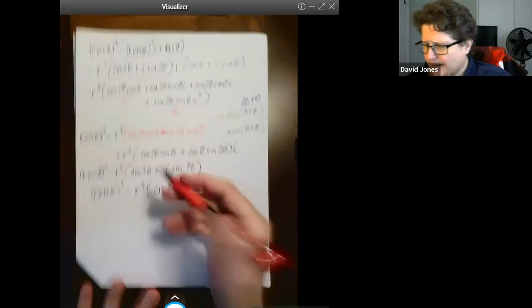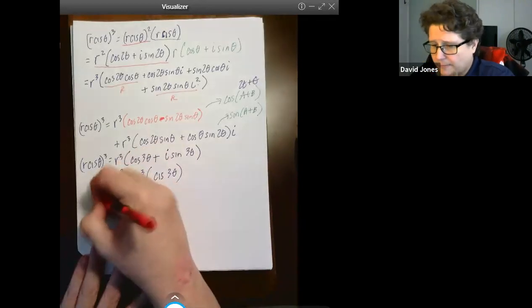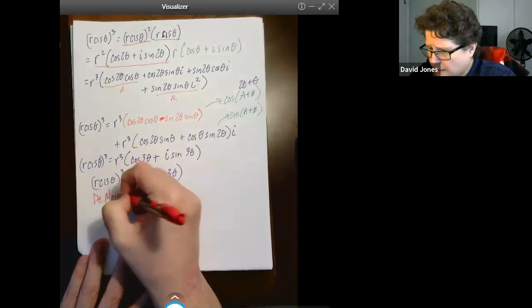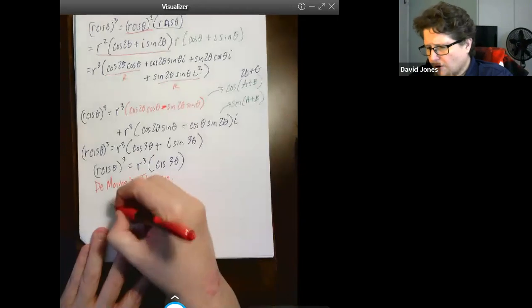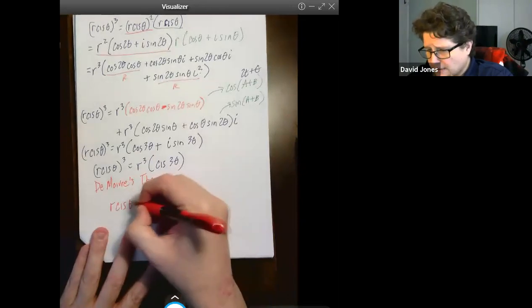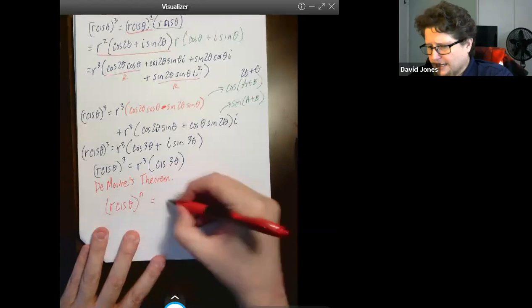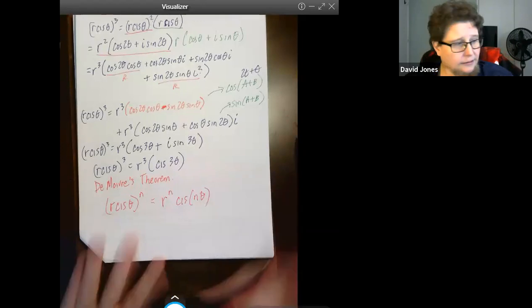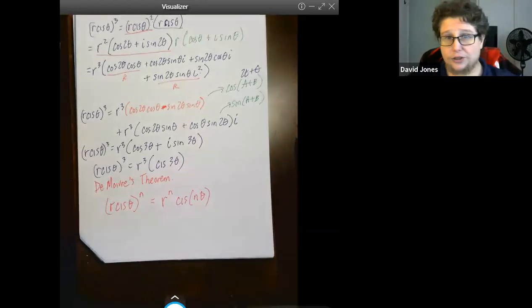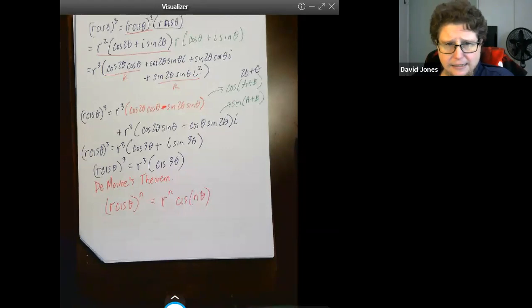In fact, this is de Moivre's theorem. r cis theta to the nth power is equal to r to the nth power cis n theta. We just showed it for n equals 2, n equals 3. And by default, it's what it means when n equals 1. And you could keep going with this. Okay.